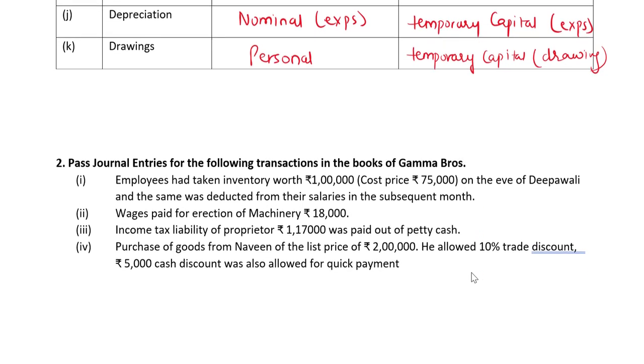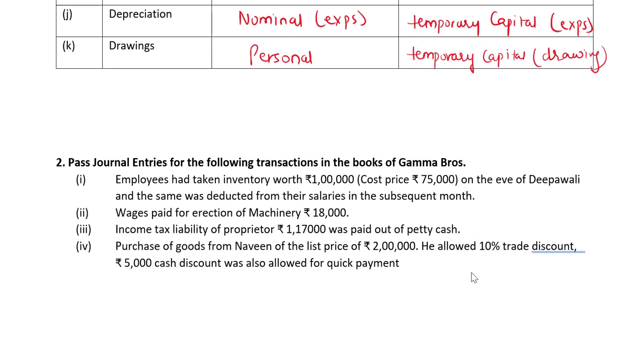Let's see this question number 2, that talks about passing journal entries for the following transactions in the books of Gamma Brothers. What journal entries we should pass? The first transaction is employees had taken inventory worth 1 lakh.